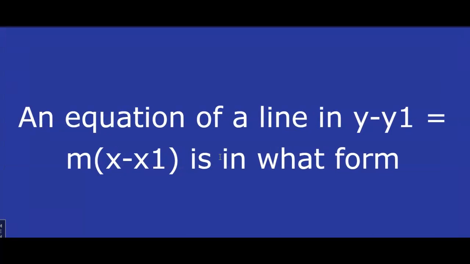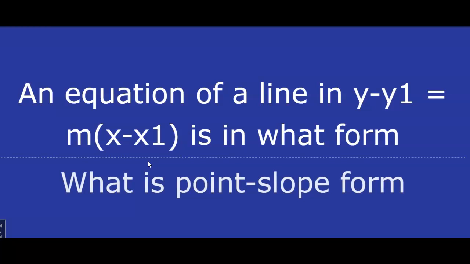An equation of a line in this form. What form is that? We just talked about it. It's y minus y1 equals m(x minus x1). That is what form? Not slope intercept. Which one? Point slope.